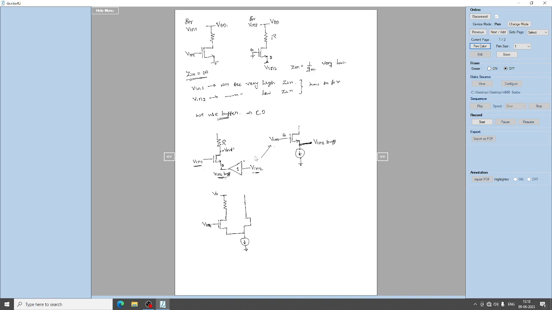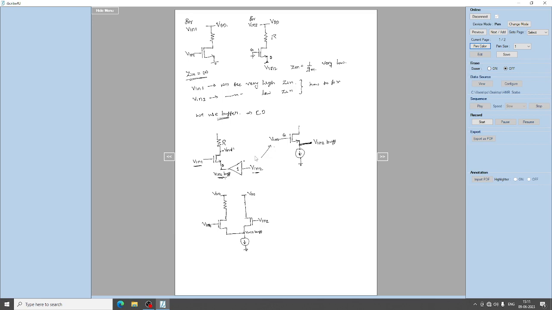So this is VDD and this is VDD, and this is V in 2 given to the gate of the common drain, and this is V in buff given to the input of the common source amplifier, right.